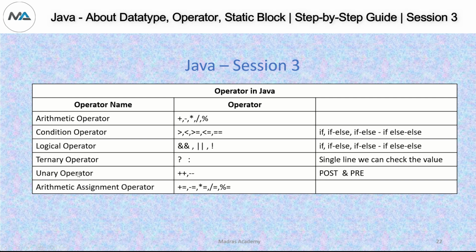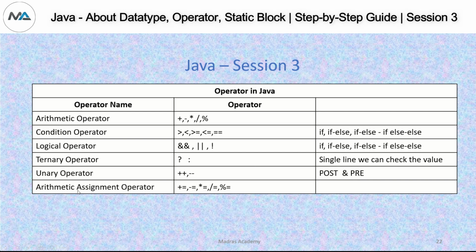And then the unary operator. In the unary operator we have two operators, plus plus and minus minus. By default it will increment by one or decrement by one, and mostly we use this operator in looping conditions. And in this we have two types, one is post and another is pre. So how to use this operator, we'll see that.